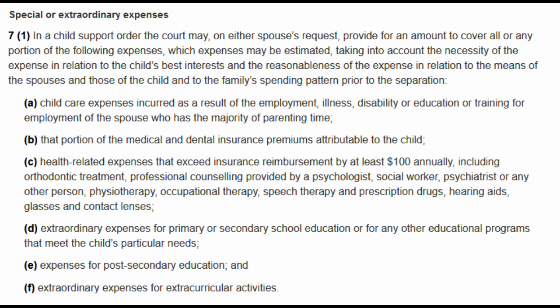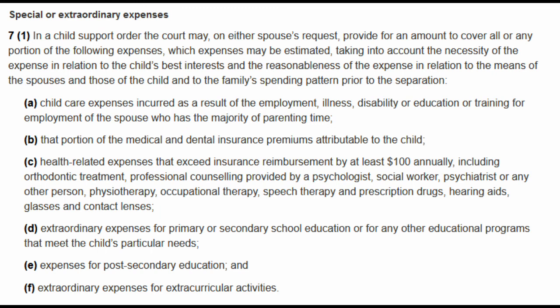What we're looking at is child care expenses, medical and dental insurance premiums attributable to the child, health-related expenses that exceed the reimbursement by at least $100 annually, primary or secondary school education expenses, post-secondary education expenses, extracurricular activities. Your lawyer can give you more information on whether the expense you're considering is a special or extraordinary expense. If you're not sure, it's best to include the expense, and we can simply remove it if it's not appropriate.